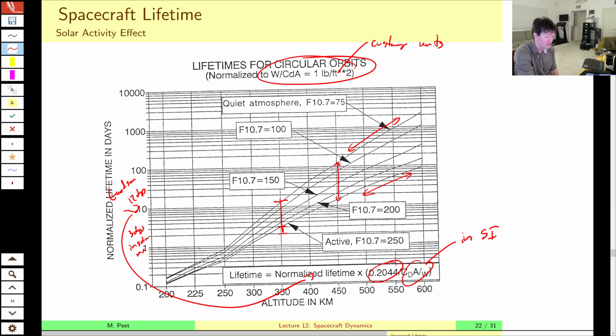The difference is more substantial out here, maybe 120 days at 450 versus say 12 days at a solar max. Right. So again, to get your actual number, you multiply by 0.2, divide by your ballistic coefficient in SI units. This is normalized to 1 in customary units.